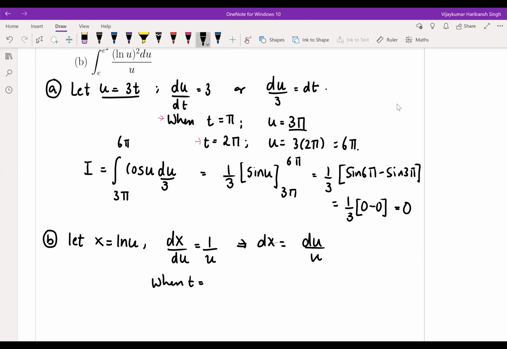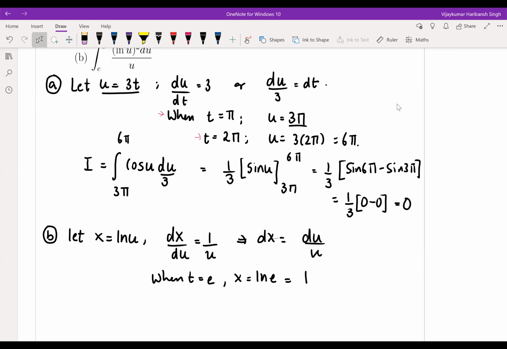So when t equals e, we get x equals ln of e, and what is ln of e? It's 1, because ln is, after all, log base e. Similarly, when t equals e squared, we get x equals ln of e squared, which is 2 ln e. And what is ln e? 1 again. So this is going to be 2.